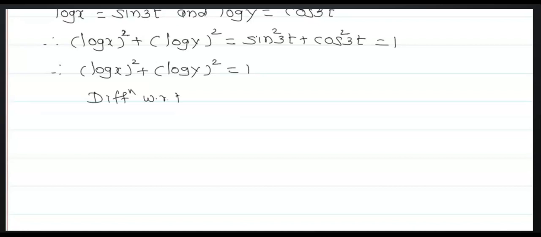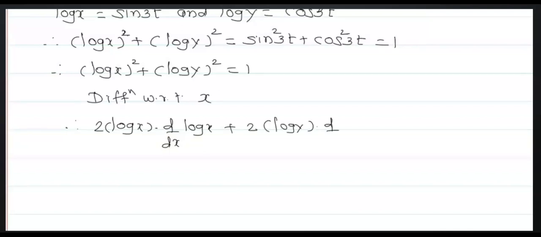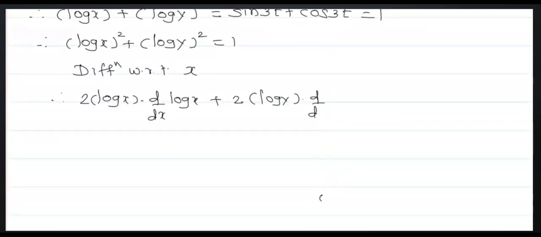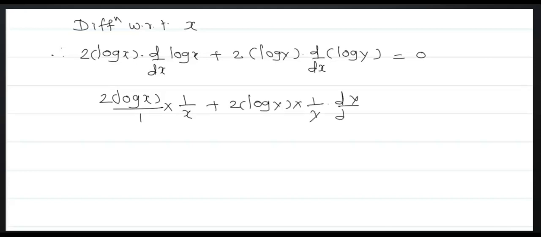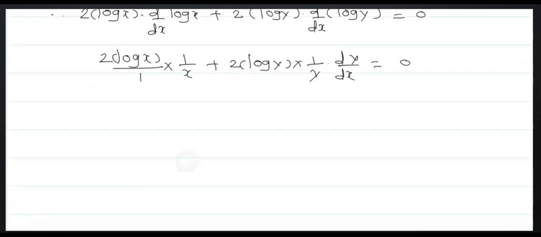Differentiate this with respect to x: 2 log of x into the derivative of log of x, which is 1 upon x, plus 2 log of y into the derivative of log of y, which is 1 upon y into dy by dx, that is equal to 0.